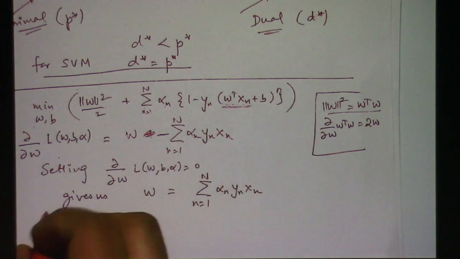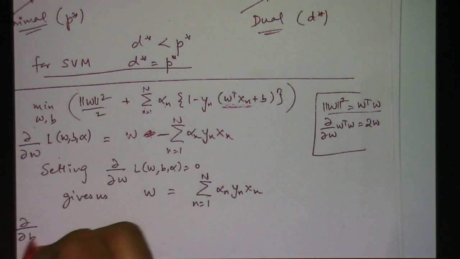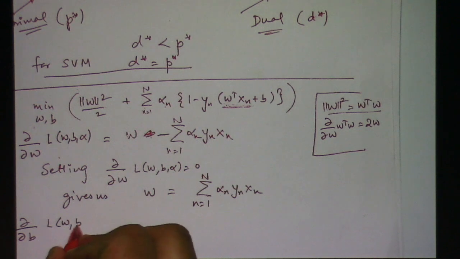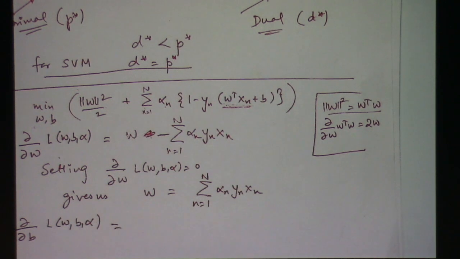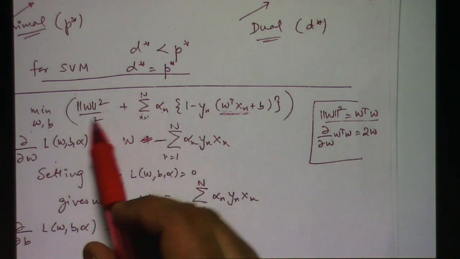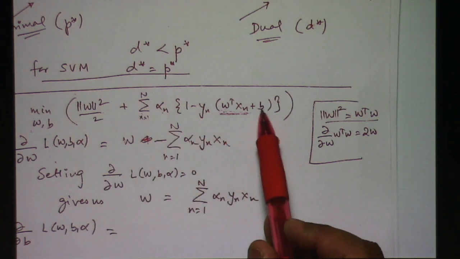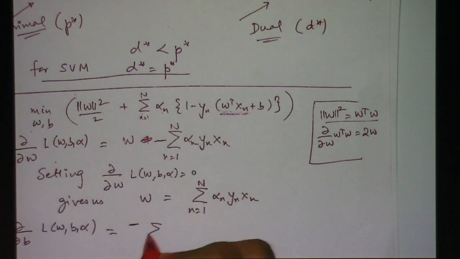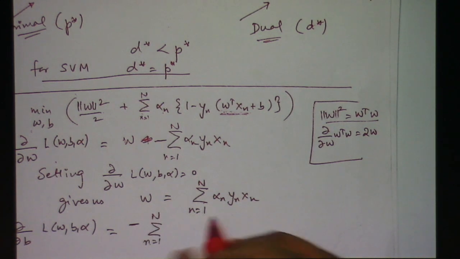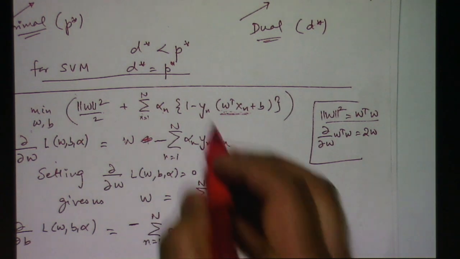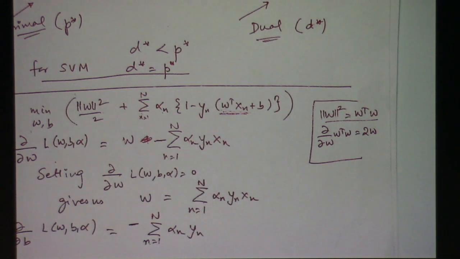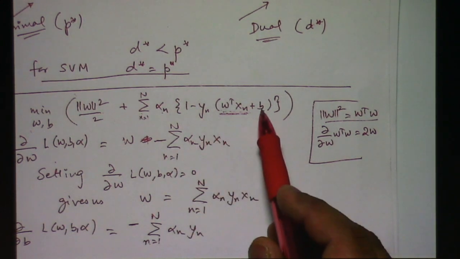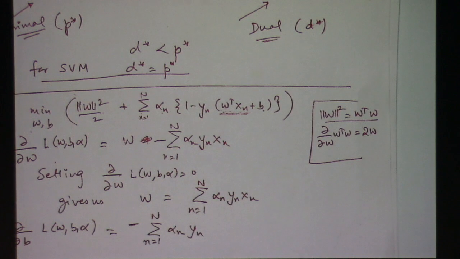And then we can also compute d by db of L of W, B, alpha. Because the first term does not have b, the only thing that is here is this one, so it's going to be minus summation n equal to 1 through n of alpha n yn, because the b part is just going to disappear when you compute the partial derivative.